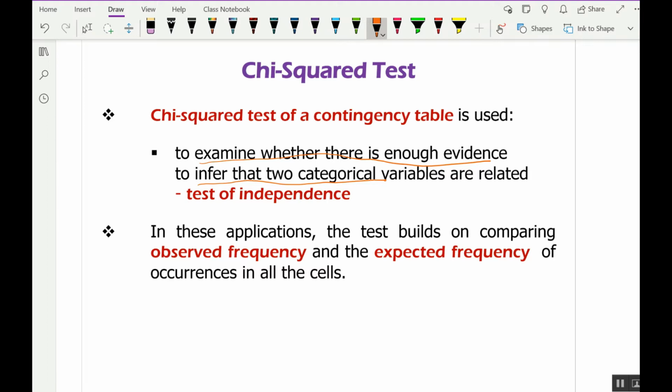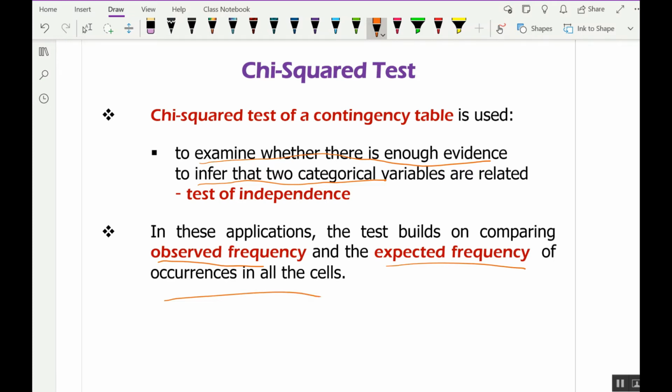We want to see whether these variables are related to each other or not. This is a kind of test of independence, and in these applications, the test builds on comparing the observed frequency and the expected frequency of occurrence in all the cells.